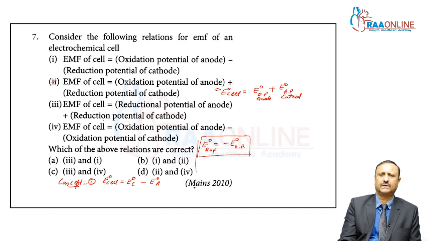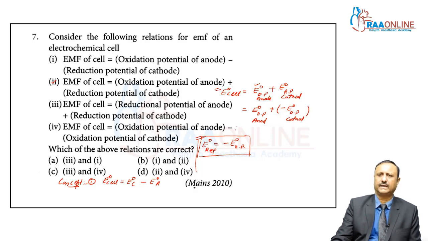Now, we can see the fourth option: EMF of the cell is the oxidation potential of anode minus the oxidation potential of cathode. My dear students, when you put this in the formula, E naught reduction potential is always equal to minus the oxidation potential. So, when you put the oxidation potential of cathode, you put minus E naught oxidation potential of cathode.